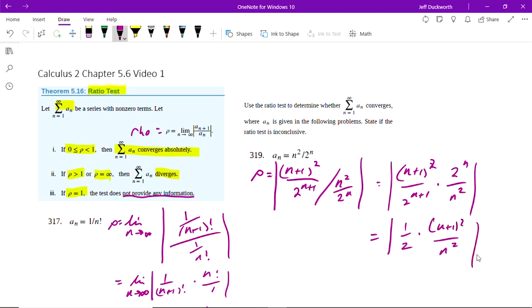And if we want, we can convert that all into one thing. But I'm going to take a look at that. And that's our rho. And actually, we need the limit of all of this. So let's do that.